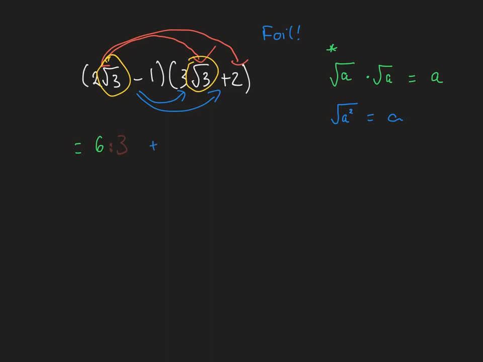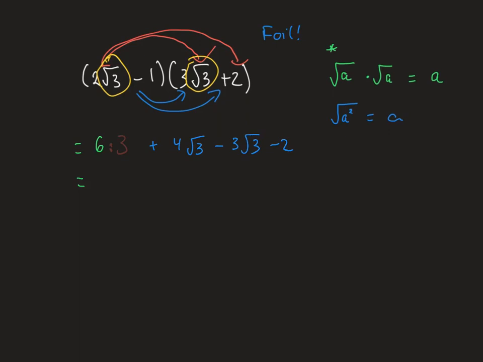Plus 2 root 3 times 2, well, there's no root here, but there is a number. So the numbers will multiply, giving me 4 root 3. So that's done. Minus 1 times 3, minus 3 root 3, minus 2, okay? Then you want to collect your like terms.